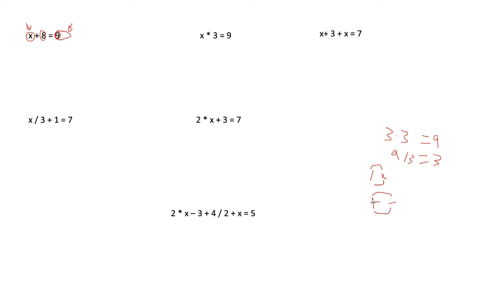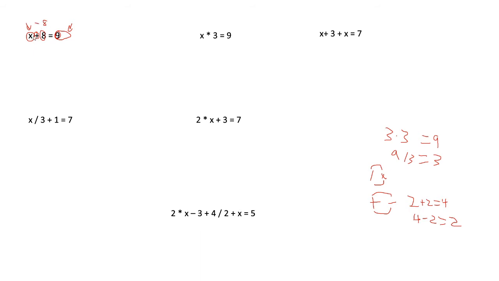So let's say you have 2 plus 2, which is equal to 4, right? And then you have 4 minus, because the opposite of addition is subtraction. So 4 minus 2, that's equal to 2, right? So for this question, we have addition. So what we're going to do is subtract 8.